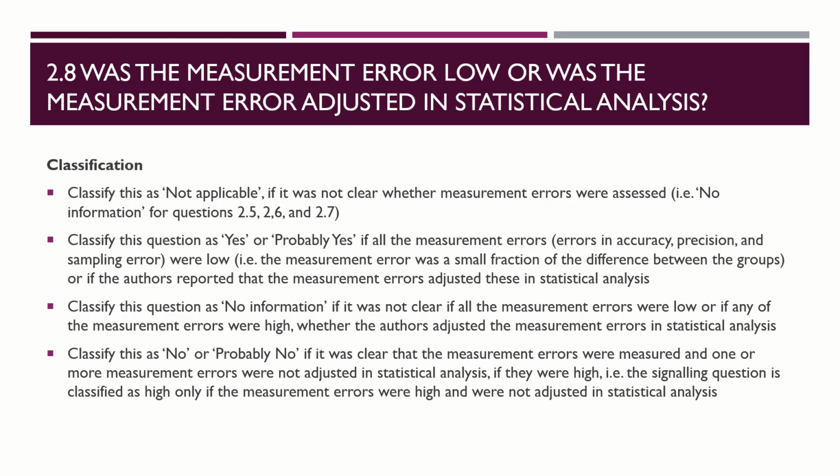Even if one of them were high, then you would classify this as no information if it was not clear whether the authors adjusted measurement errors in statistical analysis. So in other words, we have some measurement errors that were high, but it was not clear whether the authors adjusted the measurement errors in statistical analysis.